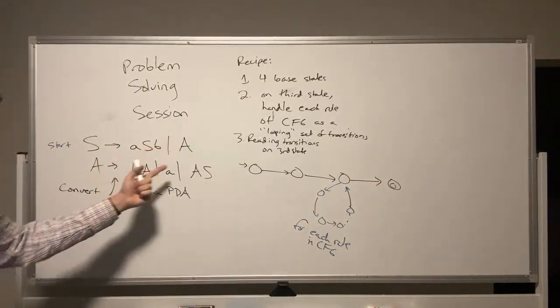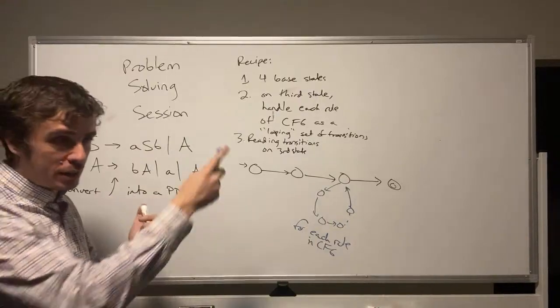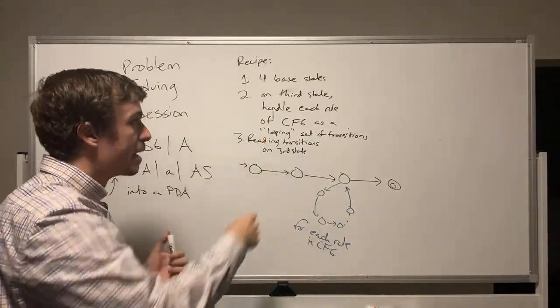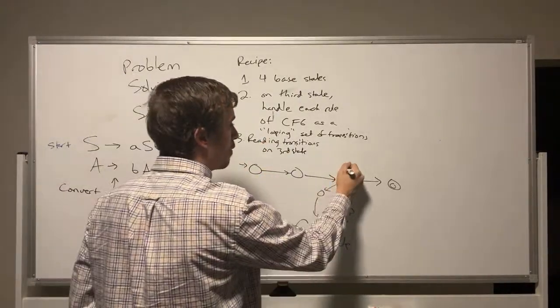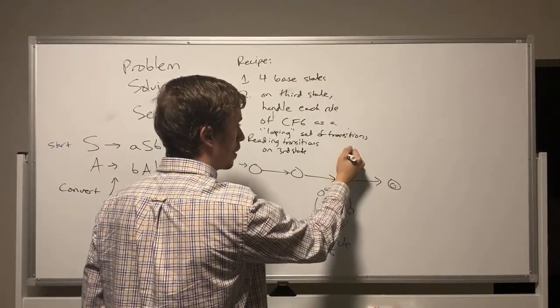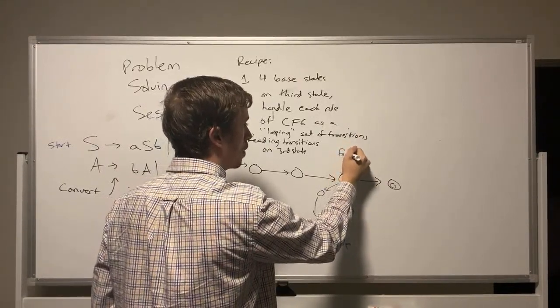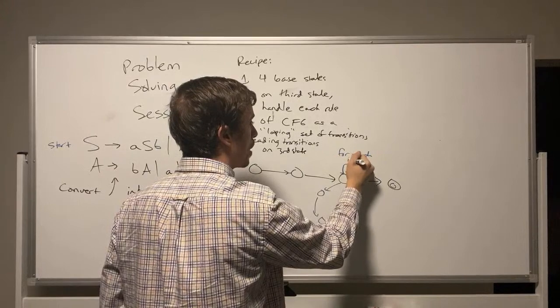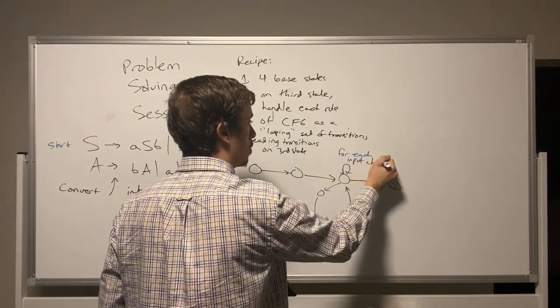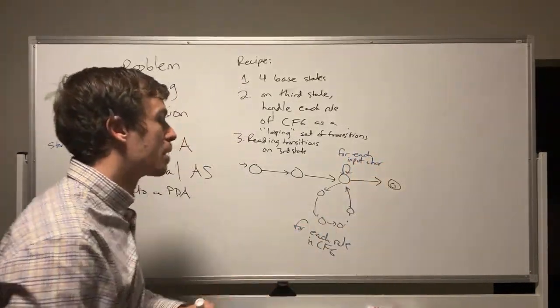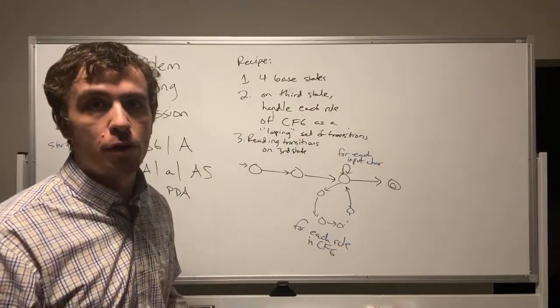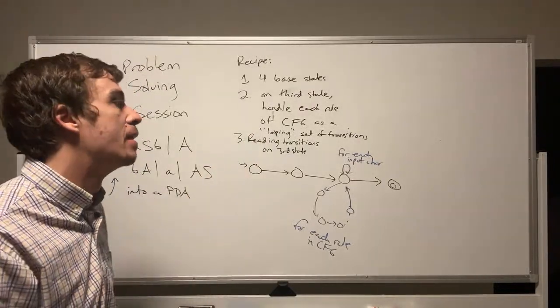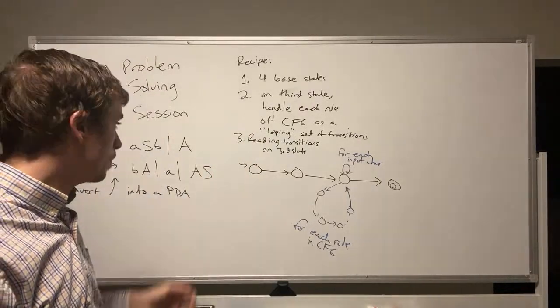So we got 5 rules here, so we're going to have 5 things that go in and out. And we're going to have a bunch of self loops here for each input character. So for every input character, we'll have a self loop on the third state. And that's basically it, the structure.